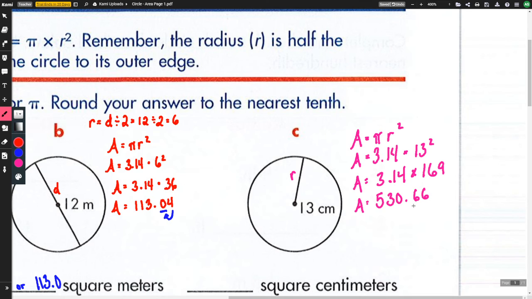Now again, I look at that digit right next to the decimal, then look to the digit right to the right of it. It is a 6. 6 tells the 6 I want you to go up 1. So my answer is 530.7 because the 6 tells that 6 to go up 1.